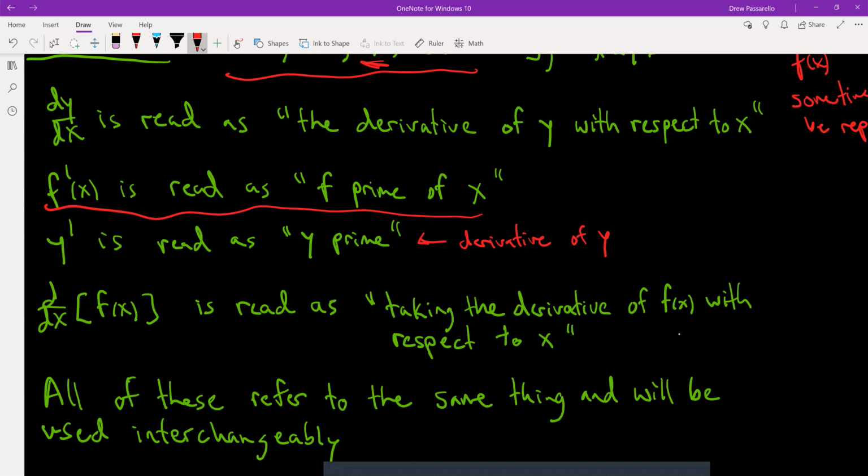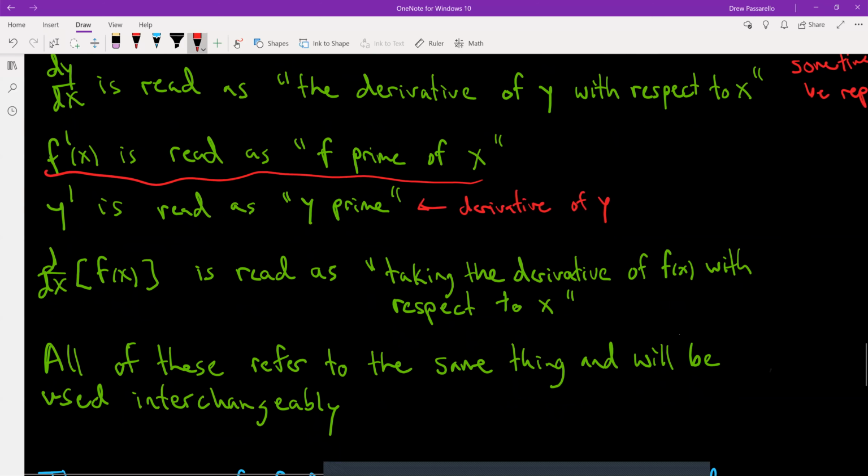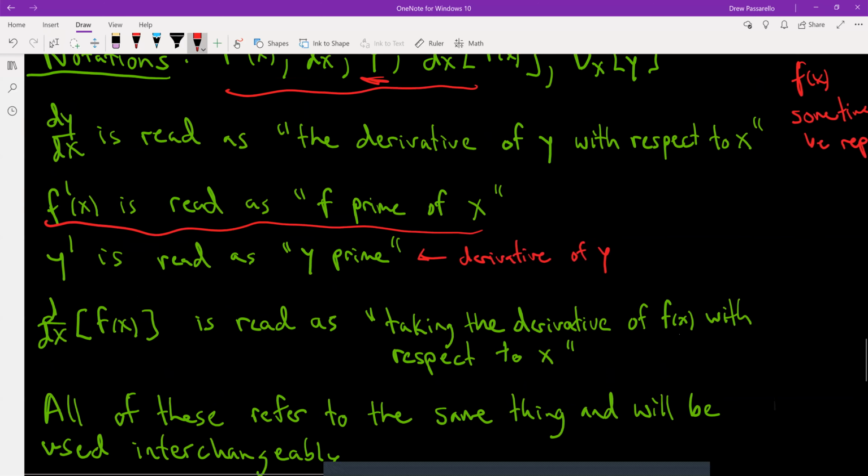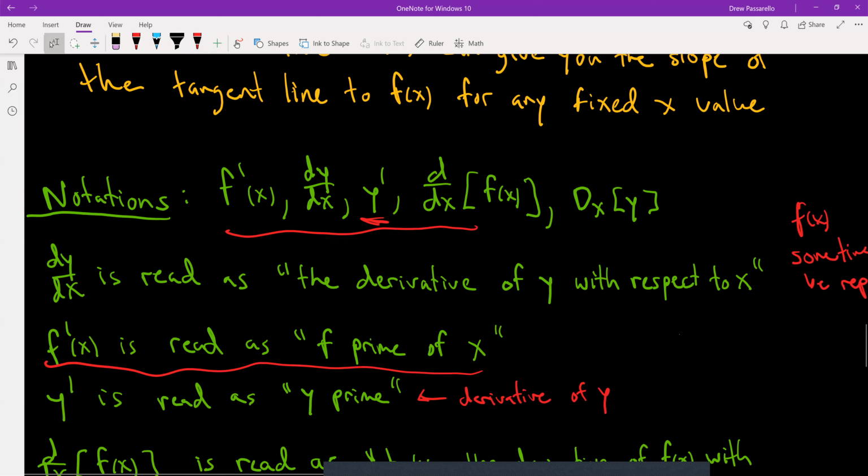Whatever's on the bottom part is the variable you're taking it with respect to, and in brackets is the function itself. So all of these are referring to the same thing and will be used interchangeably throughout the semester.